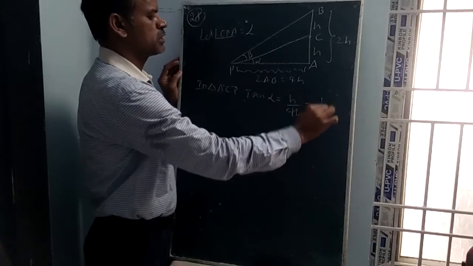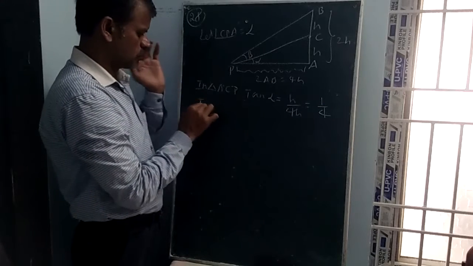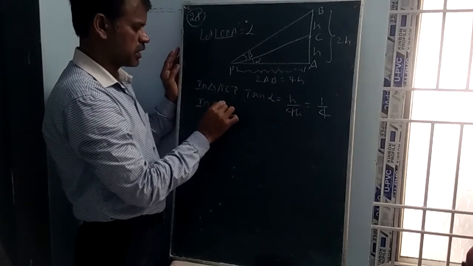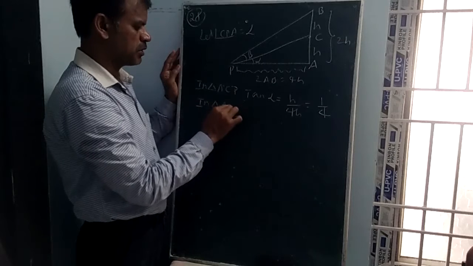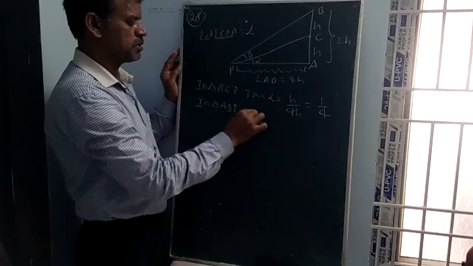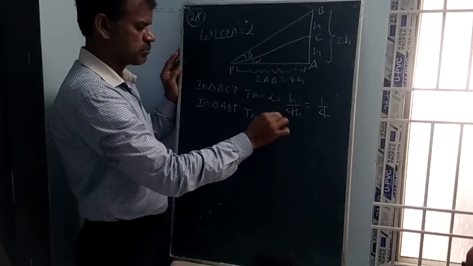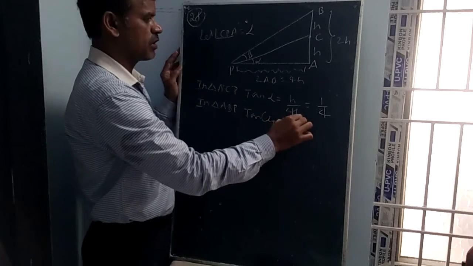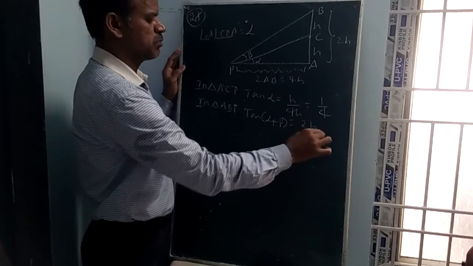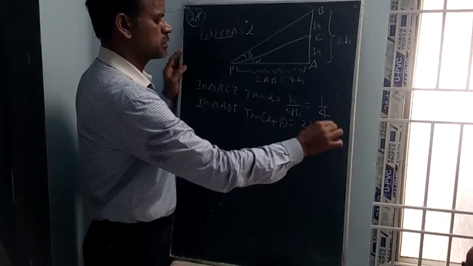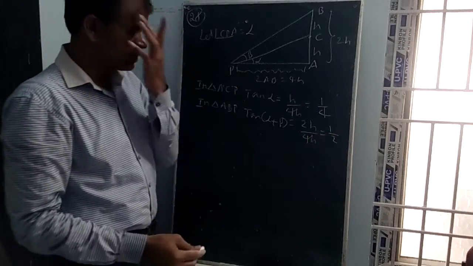So H by 4H means 1 by 4. Now draw like this. In triangle ABP, tan of alpha plus beta is equal to 2H by 4H. So 2H by 4H meaning 1 by 2.